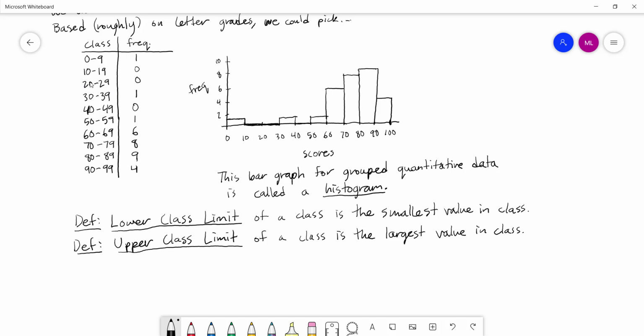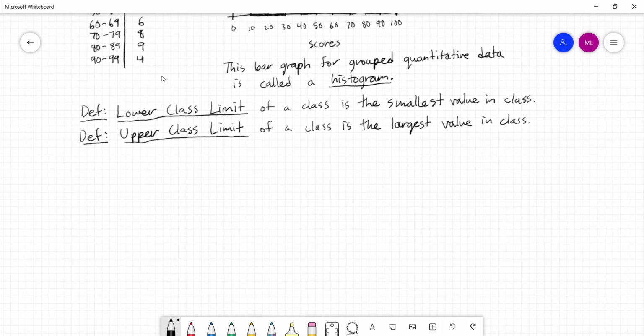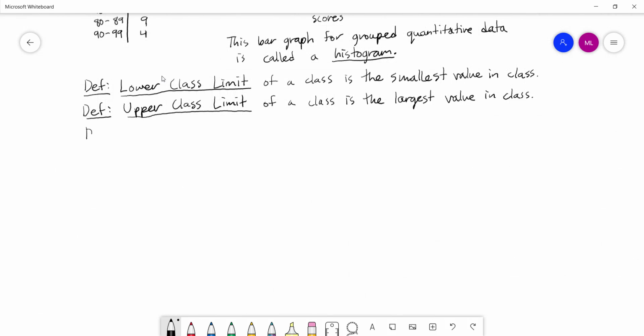So again, if I look at this one here, the lower class limit is 20, and the upper class limit of this particular class is 29. We can use those to compute the class width, which is the size of the class. The class width is going to be the difference between two consecutive lower class limits.